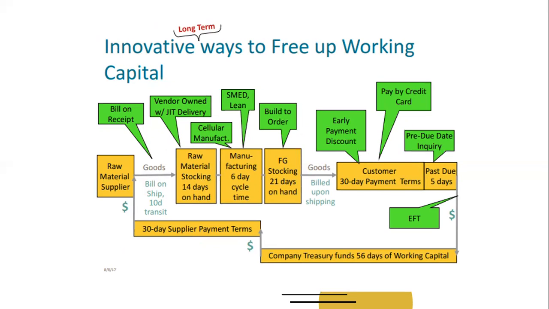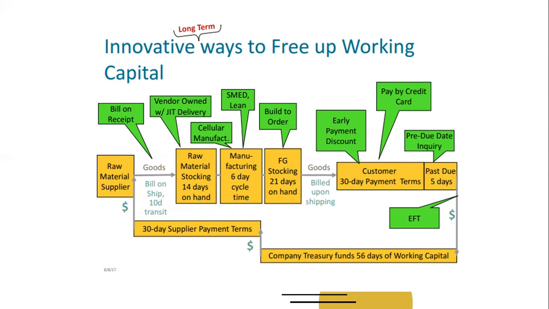Now, if we look at the longer run, what are ways to free up working capital? Well, several different ways. You can, for example, with your customers, say, look, guys, if you pay me early, I'll give you a discount. You can tell your customers that they can pay by credit card.